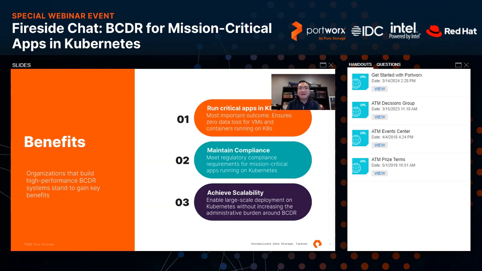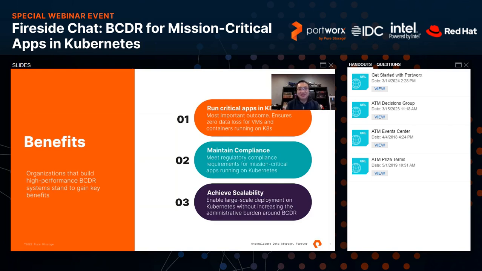And then the benefit number three there of achieving scalability is, I think, really important given the competitiveness and the desire to be continually improving and continually coming out with improved applications, so that you keep that pipeline going.